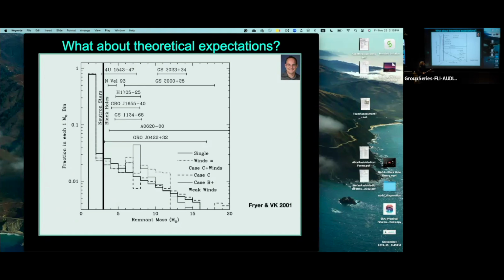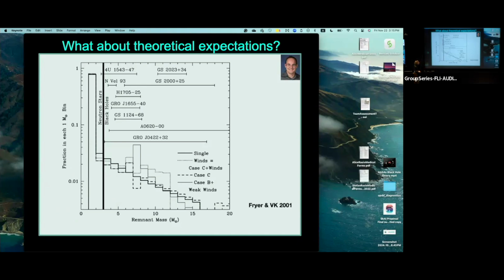So we worked out a number of different things, and we have predicted mass functions for compact objects.